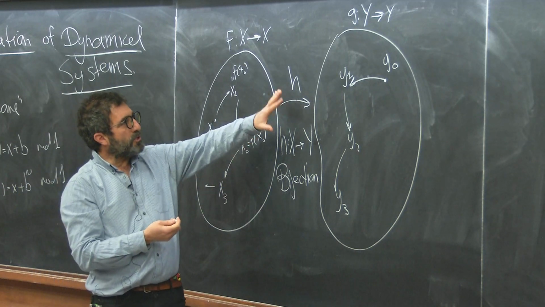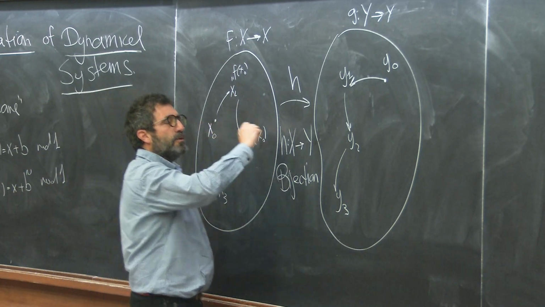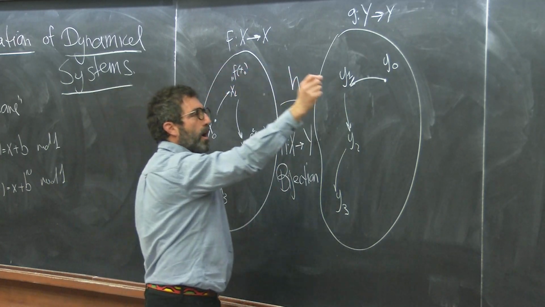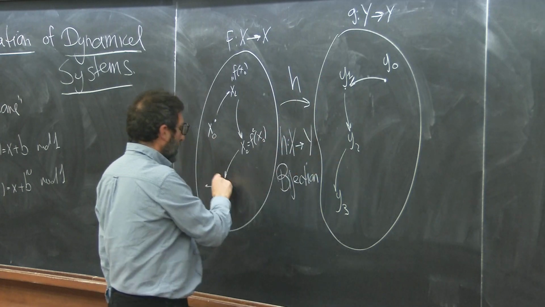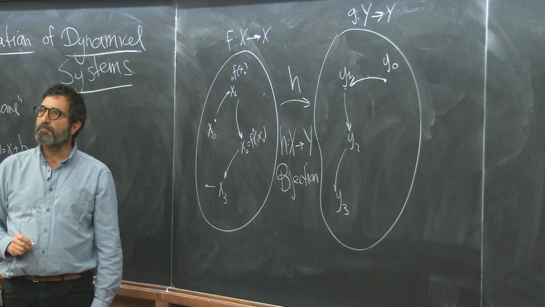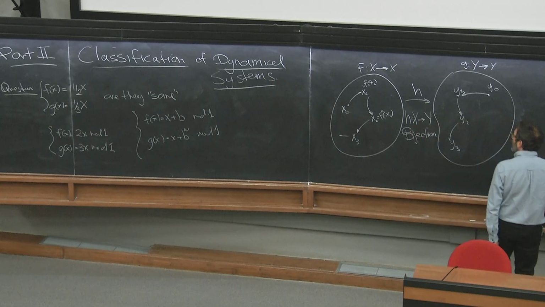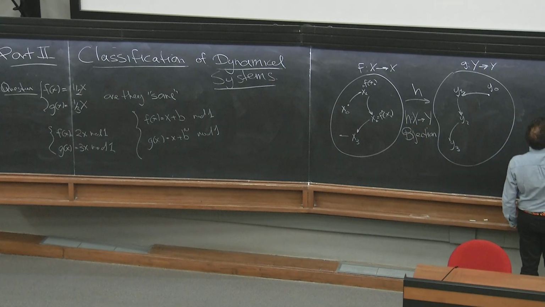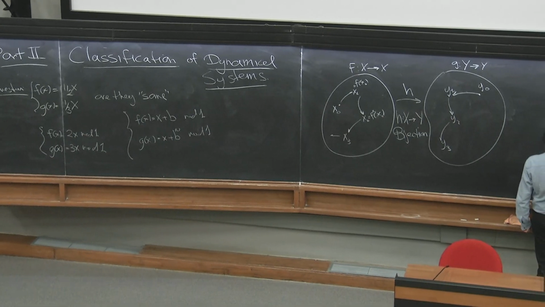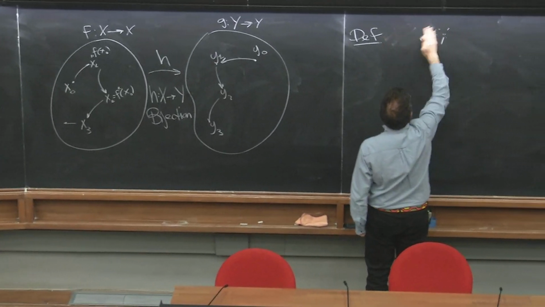So I take this bijection H between these two spaces and I say, okay, if H maps x0 to y0, then I want H to map x1 to y1, x2 to y2, x3 to y3. So the question is, can I do that? So how do I define this? So I have this definition. Let me write it slightly differently.